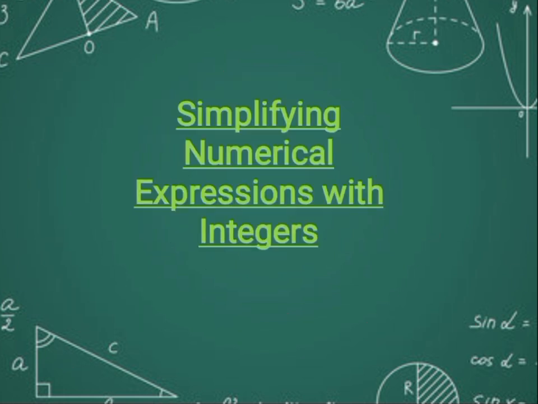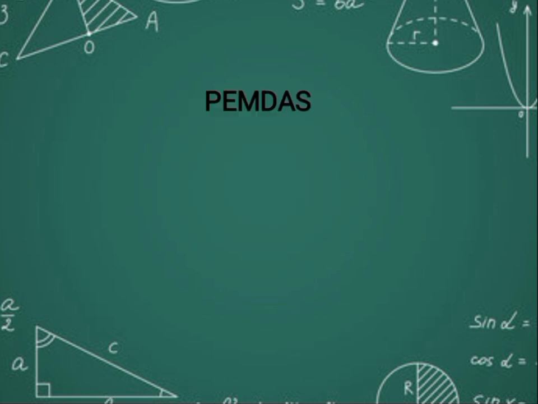So let's move on to simplifying numerical expressions with integers. If you're familiar with PEMDAS, it is an acronym for P, parentheses, E for exponents, M for multiplication, D for division, A for addition, and S for subtraction. So let's have an example. Let's say simplify 3 plus negative 2 times 4.